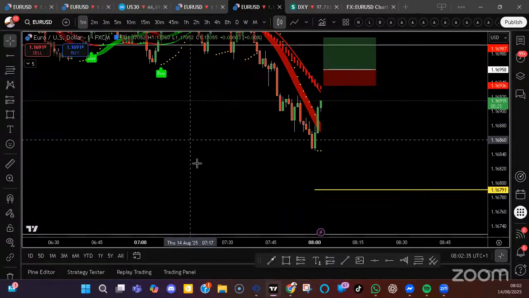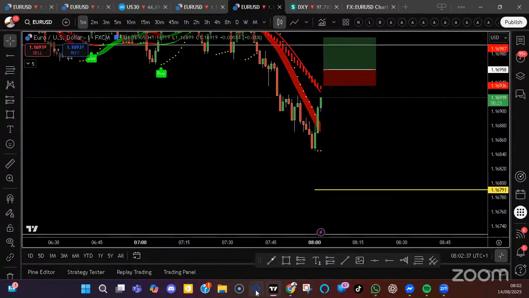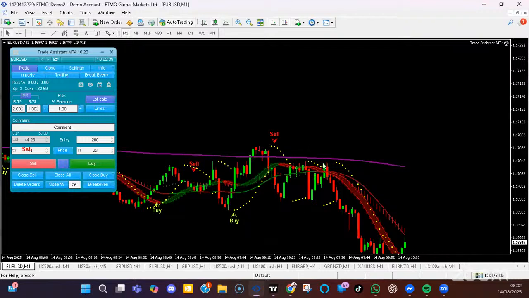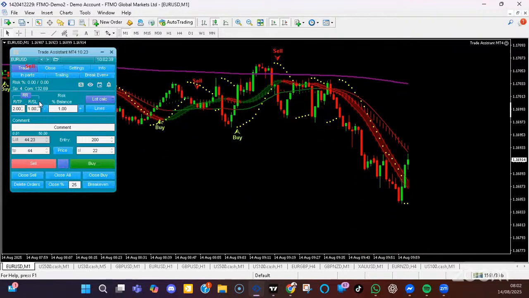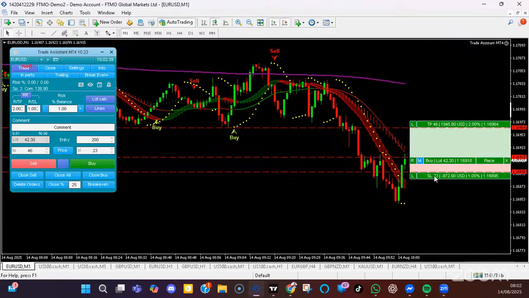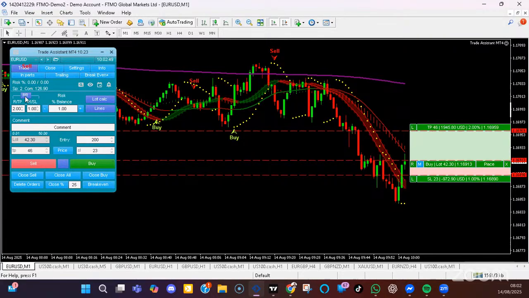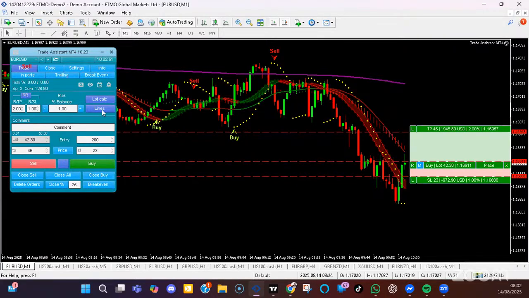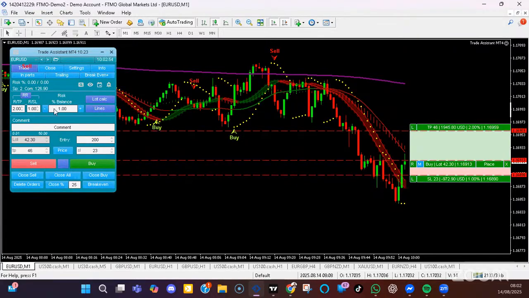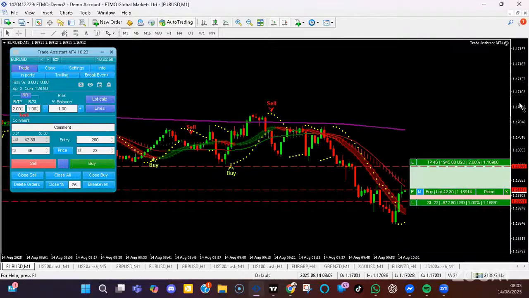We don't know. In the meantime, we'll put our MT4 on. Put the lines on. Make sure you've got your risk to reward in purple on your trade assistant, your lock calc in purple, and you've got that all important 1% risk. And this is where we are at the moment on the EUR USD.